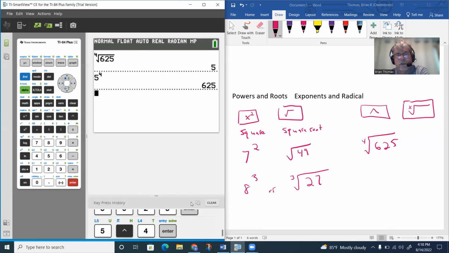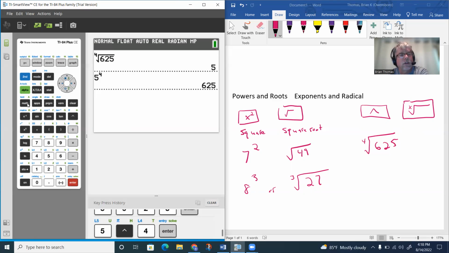So in summary, the x squared button on your calculator only does the power 2, and the one above it only does square roots, so it's the inverse of this. The housetop, or up cursor key, can be used to put any exponent above a number.